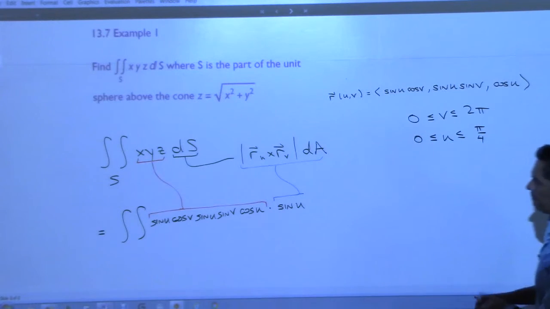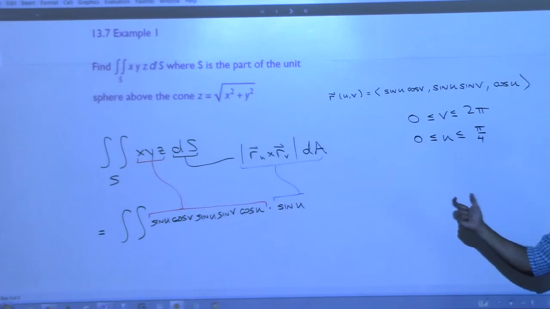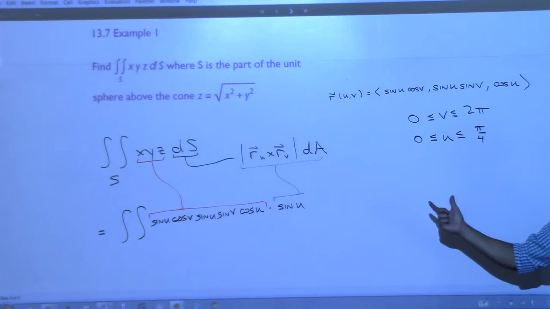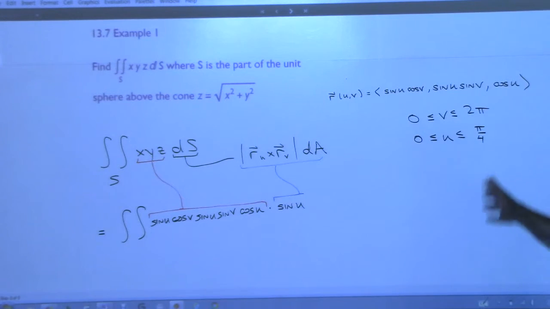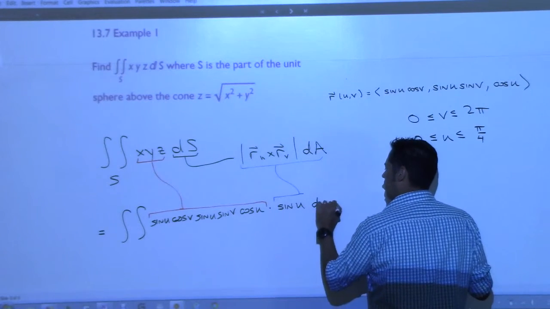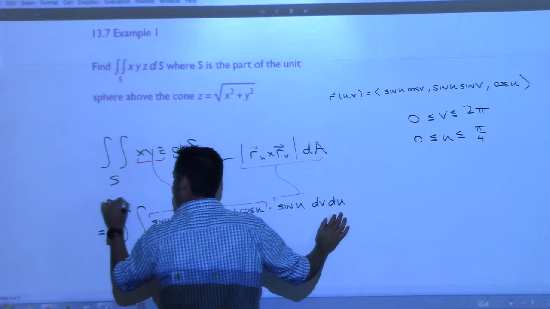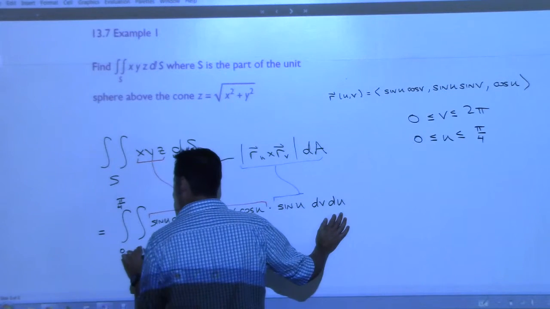What do I need? That dA part, which is going to come from these two things, with respect to u and v. The order won't matter because these are constants. What do you want to do first? U? V? V first, then u. On the outer one, I'm going to go 0 to pi over 4, and on the inner one, 0 to pi.